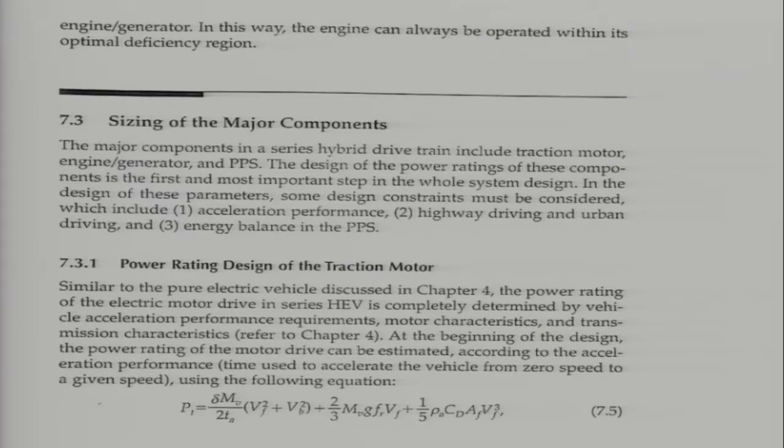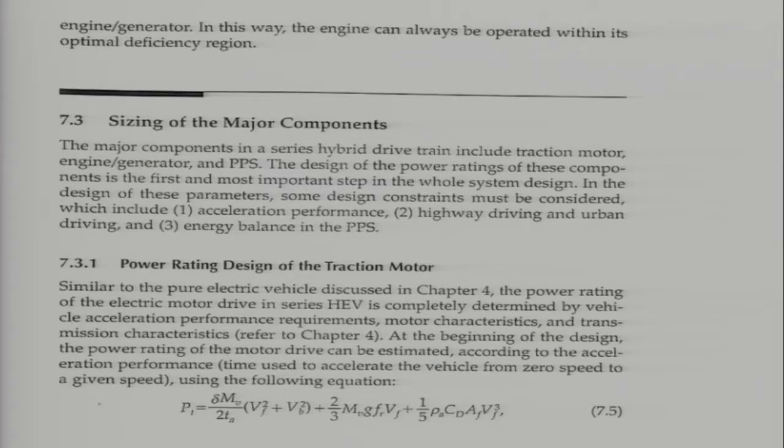Urban roads require a frequent stop and start mechanism, whereas in highway driving you need not stop and start the vehicle frequently. Once it reaches its maximum speed or steady state speed, you can drive the vehicle for a long time over the same highway. So for highway driving the design considerations are different, and for urban driving the considerations are different.